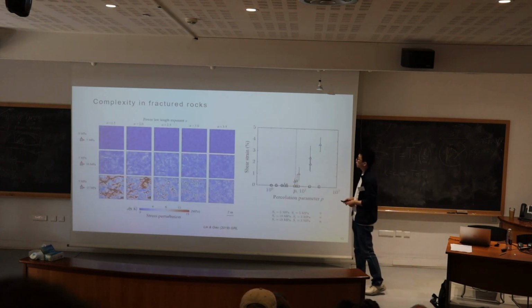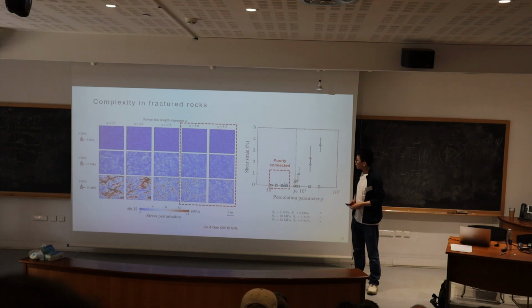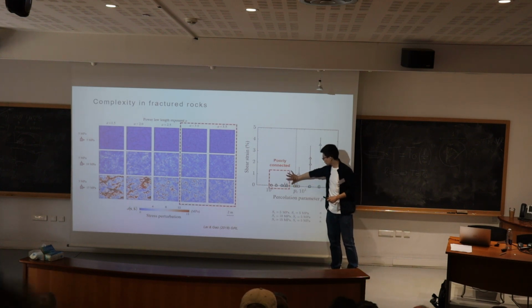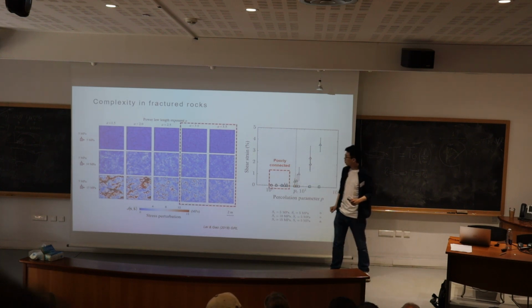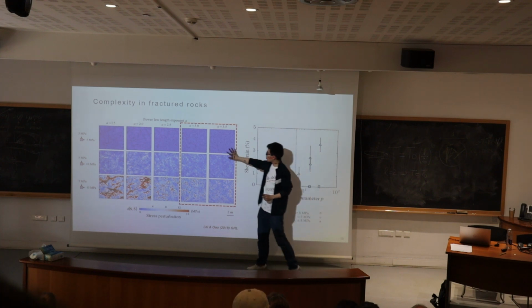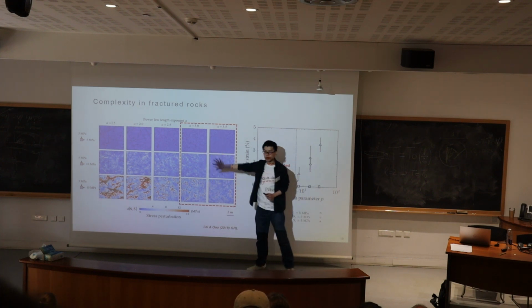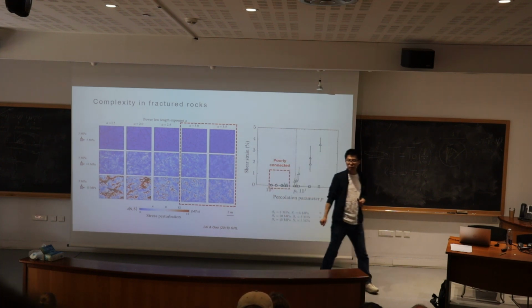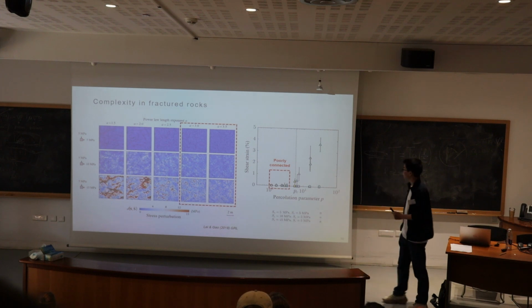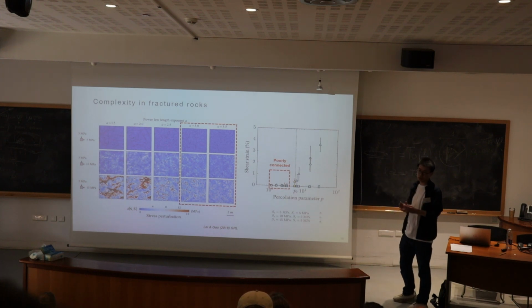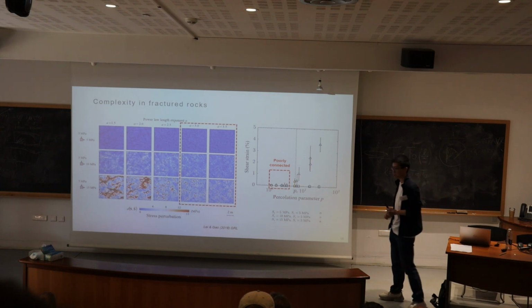For example, when the system is poorly connected, the stress fields are quite homogeneous in the fractured media. Okay? Because the fractures are very hard to slip and interact with each other.